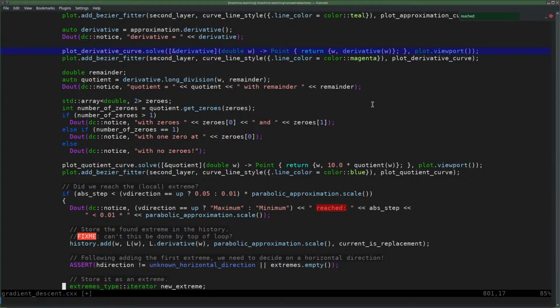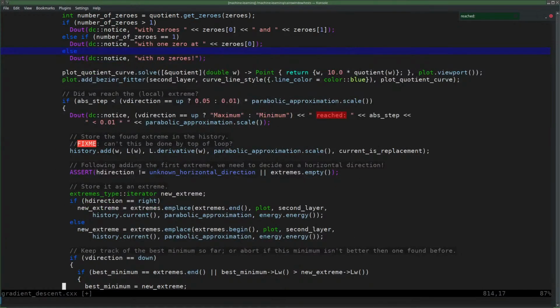The maximum, the two maxima. This is still unclear, I must say.